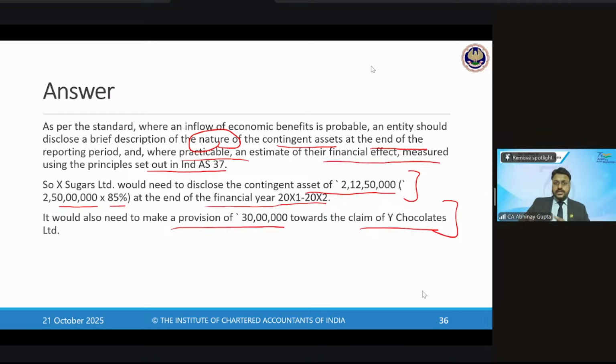If the negotiation doesn't conclude, then certainly there would be a case by the chocolates company against the sugar company. So those are secondary things unfolding in the future. But on this date, when I received the demand letter, I cannot say it is my liability, right? But still, it is a provision. Is that clear? Right? Perfect.